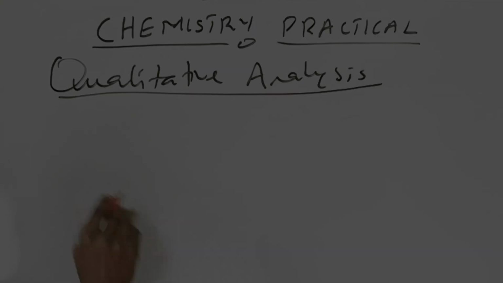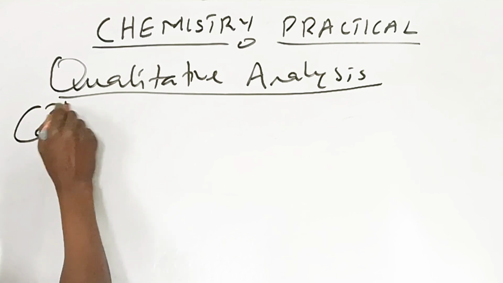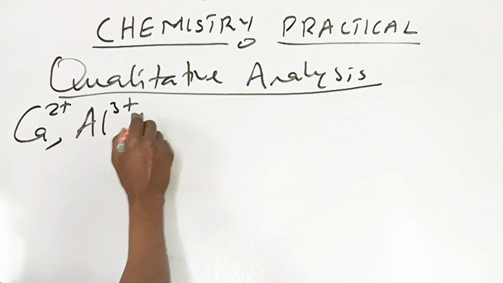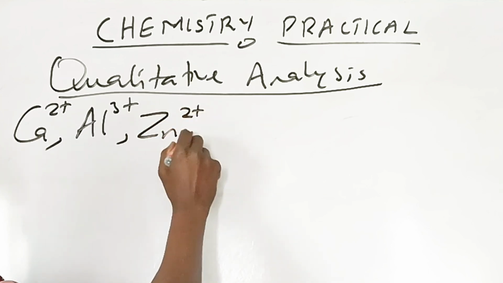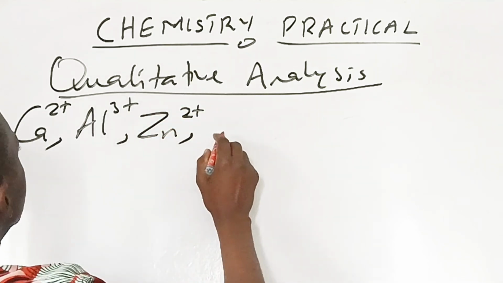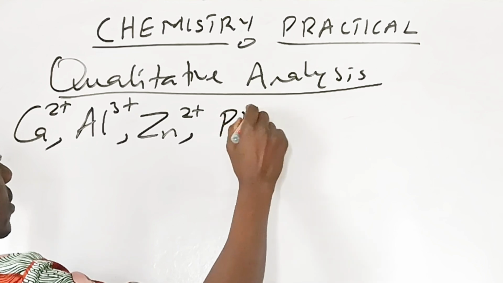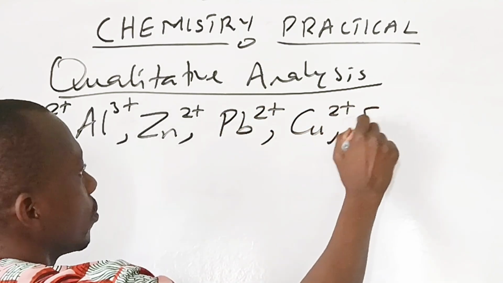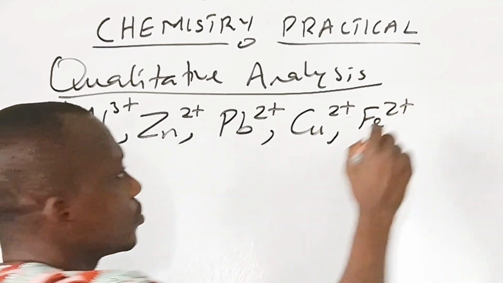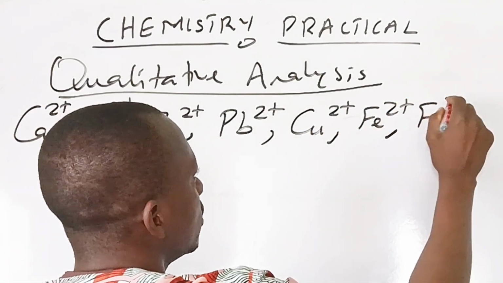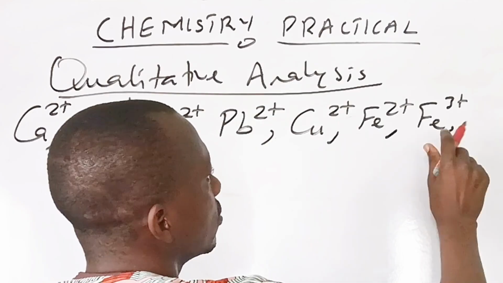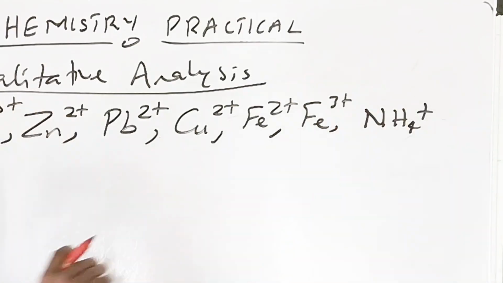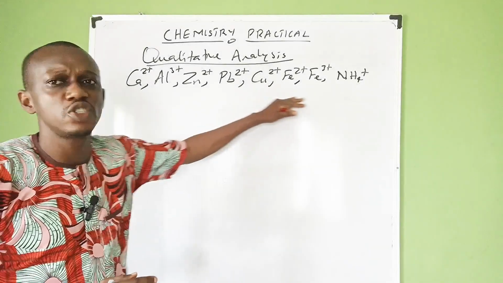These are the cations you have to expect: calcium, aluminium, zinc, lead, copper, iron 2, iron 3, and ammonium ion. These are the cations you must know.